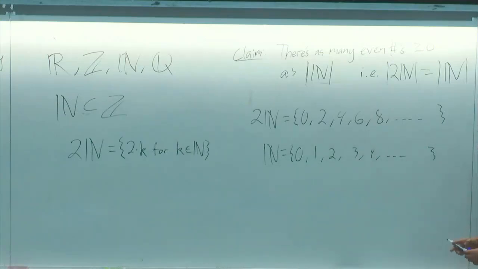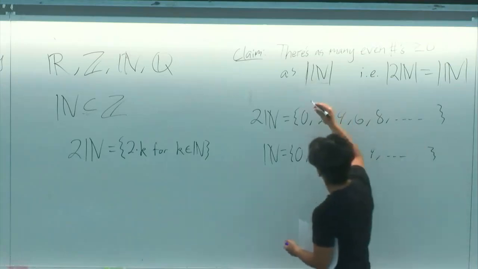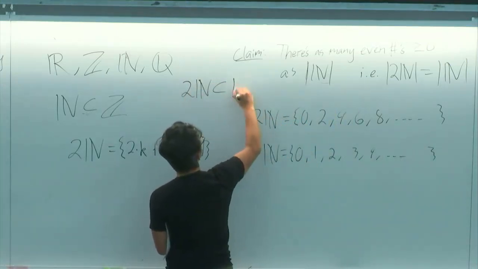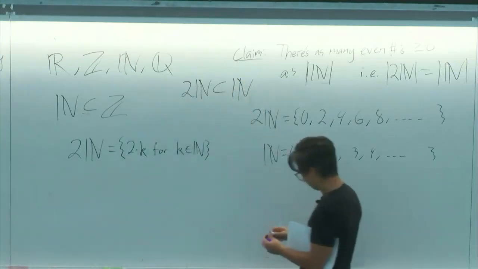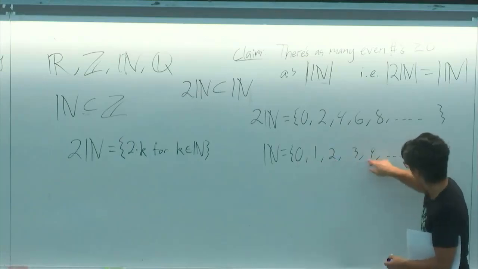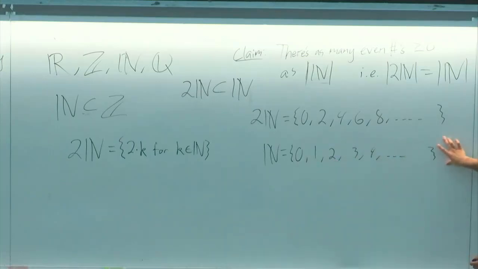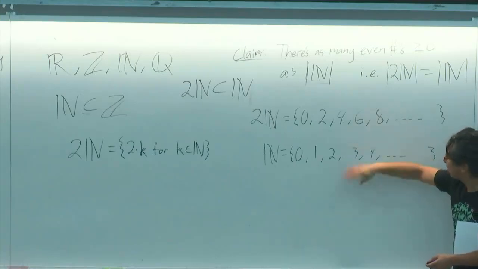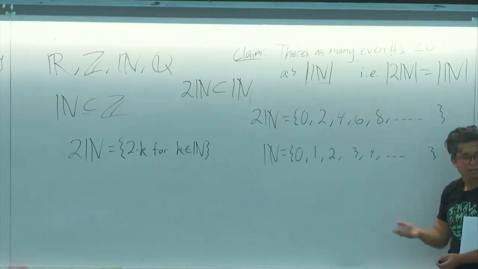And what's weird about this is that we know 2n is a proper subset of n. Right? Like 0, 2, 4, 6, 8. Well, there's 0, there's 2, there's 4. 6 will be over here. 8's over here. This seems like it's double the size of that. Like it has everything it has, and then the odd numbers as well. So how can they be the same size?